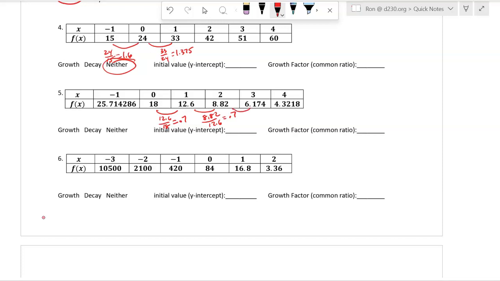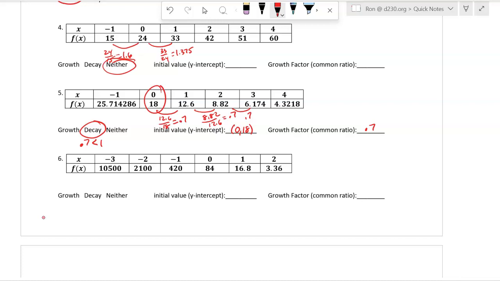If I keep dividing here, I get 0.7. So that would be basically my decay factor, 0.7. My y-intercept, you should notice, is going to be 0.18. But because we're multiplying by 0.7 each time, and 0.7 is less than 1, we know it's going to be decay. You could also notice because it's going down.